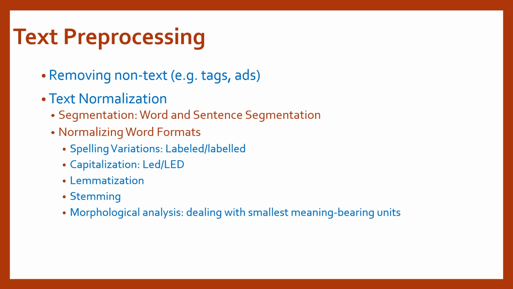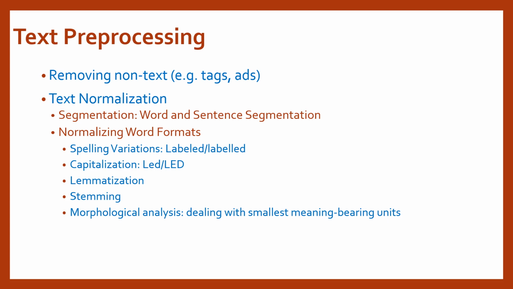Text normalization deals with bringing text into a standard form. Three main normalization steps are generally performed, while the first two focus on identifying the word and sentence boundaries. The other normalization deals with bringing various word surface forms into their standard form.